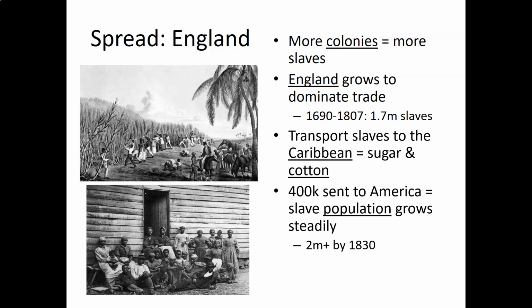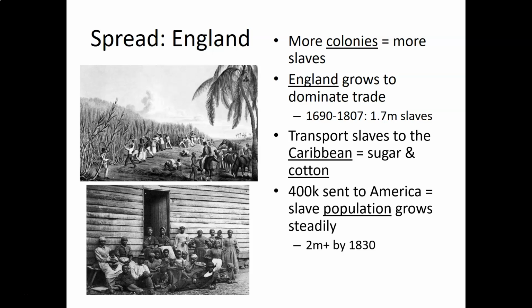And England grows to actually not only help expand the slave trade, but becomes the dominant figure in the Atlantic slave trade. They actually transport 1.7 million slaves during this period, the latter part of the slave trade period, which may not seem like a lot compared to the total numbers, but it's still a significant portion of it. And that's just their position in it, not the other European countries as well.